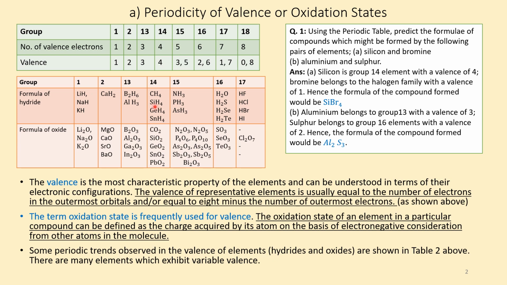Its hydride is SiH4 and its valence is 4, as shown in this green colored table. Bromine belongs to the halogen family with a valence of 1. Hence, the formula of the compound formed would be SiBr4.